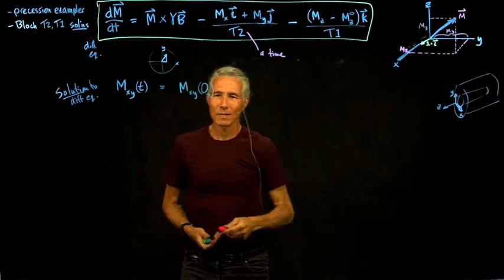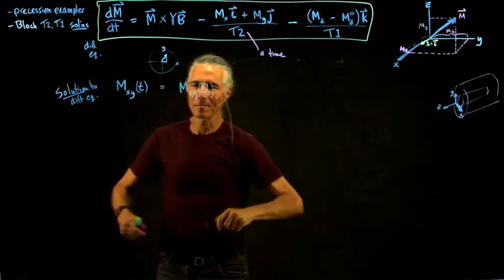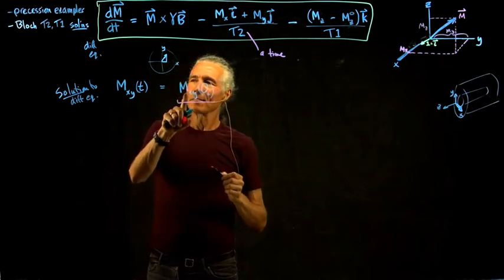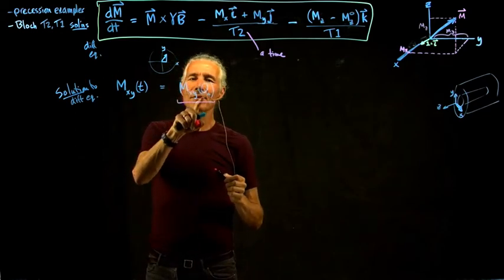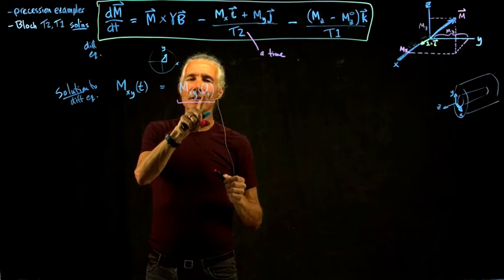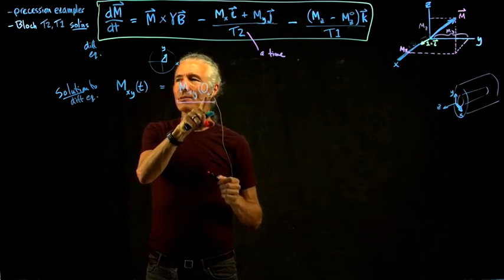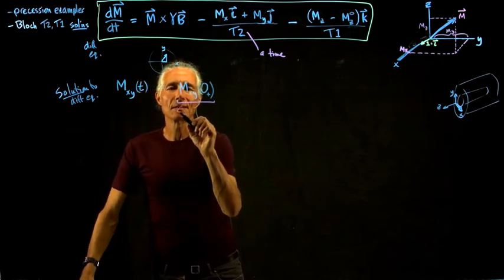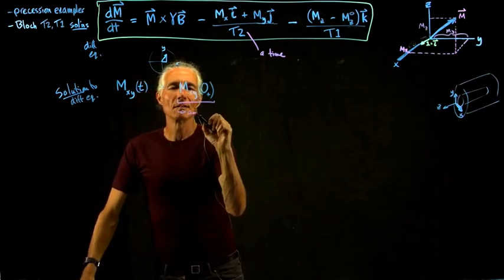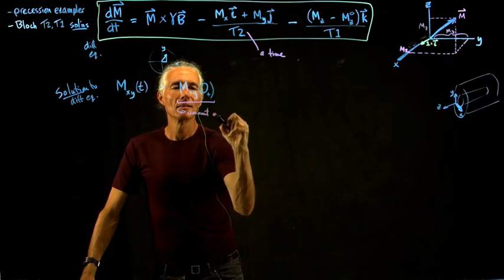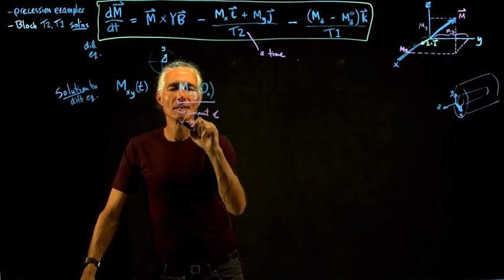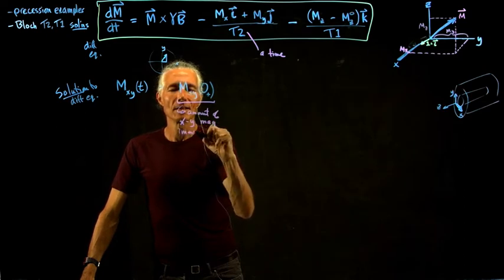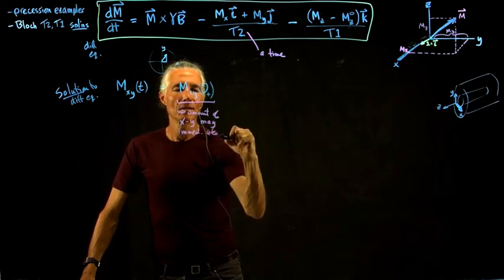So what is this complicated mess? This means the amount of xy magnetization immediately after the RF pulse, where the plus stands for right after we did the RF pulse.